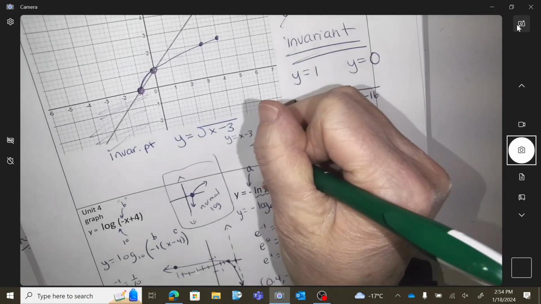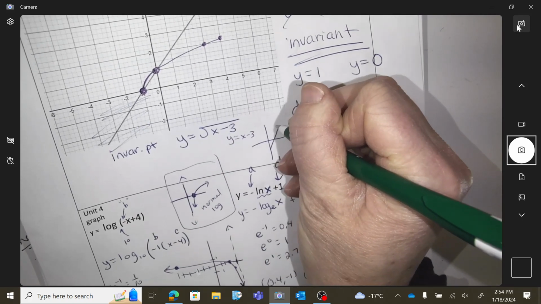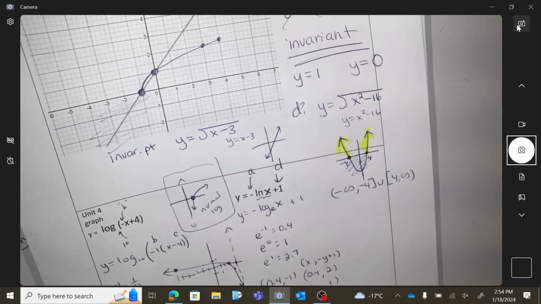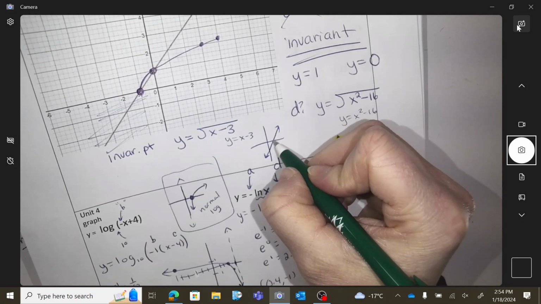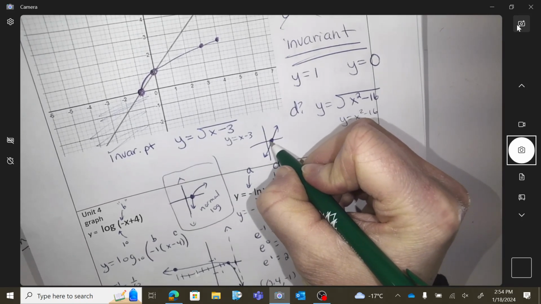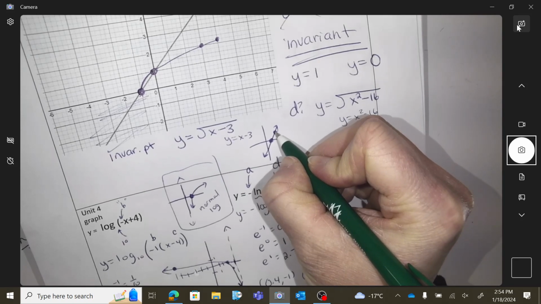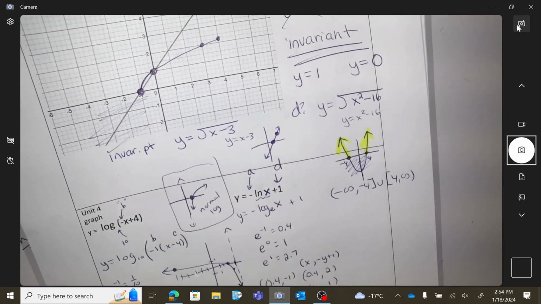A line. So what point would be invariant? Where there's a height of 0 or 1.